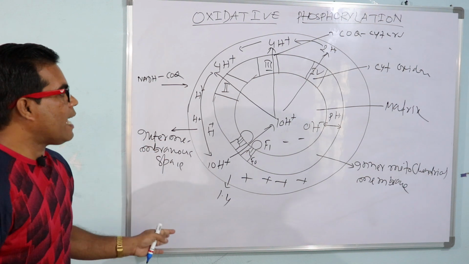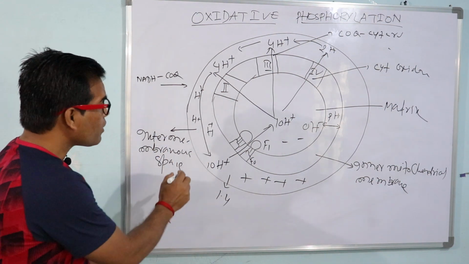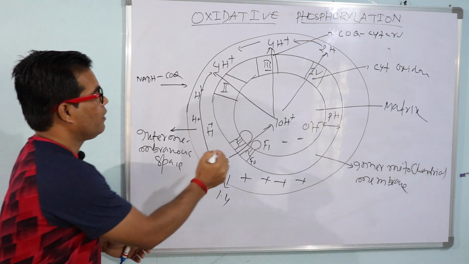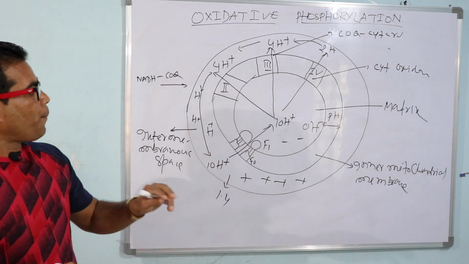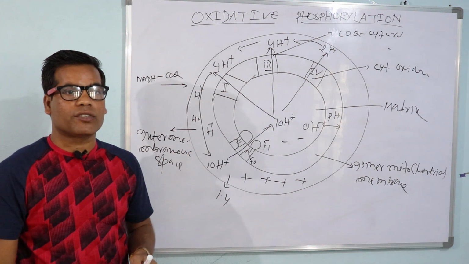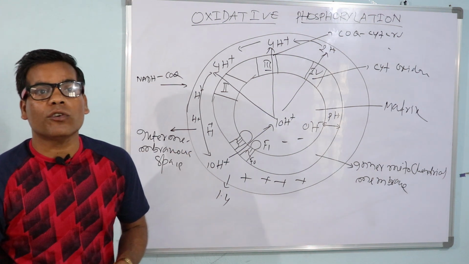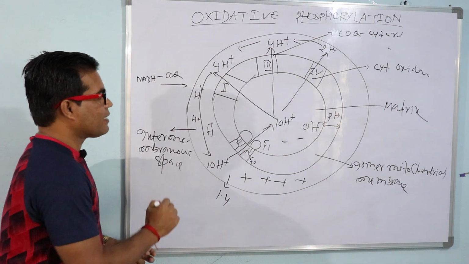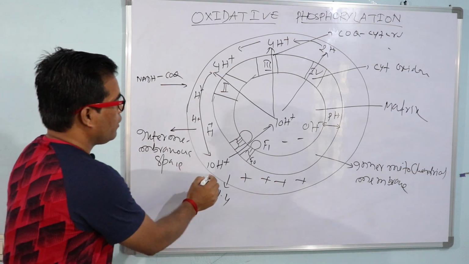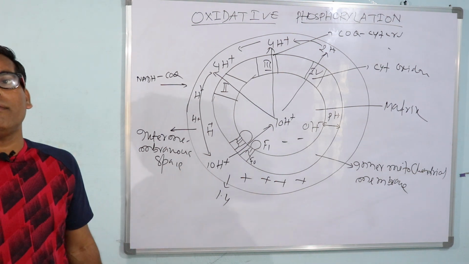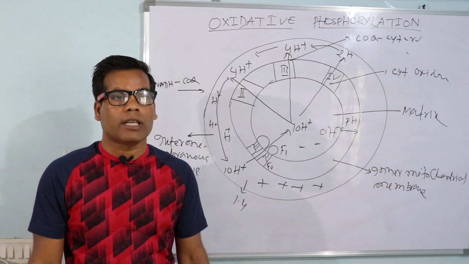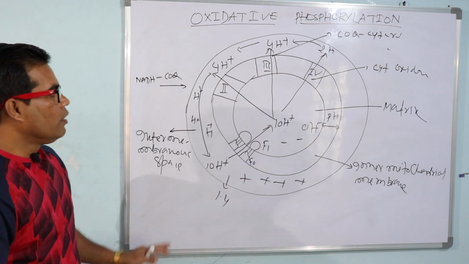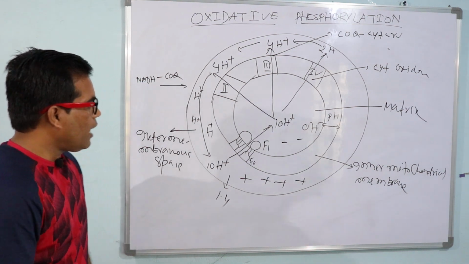Now the chemiosmotic hypothesis indicates that the inner mitochondrial membrane is the prerequisite for oxidative phosphorylation. Now what is the exact mechanism? Generally the inner mitochondrial membrane is not permeable to hydrogen ions and hydroxyl ions, due to the proton gradient.